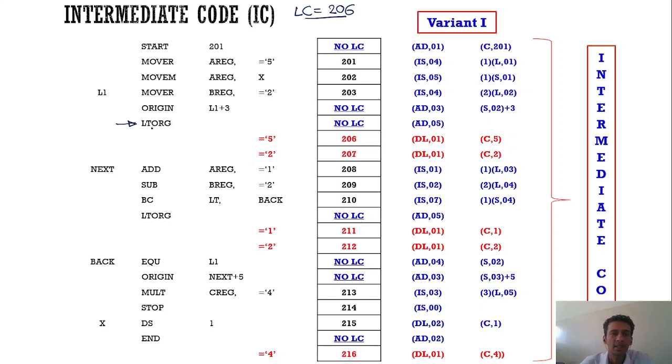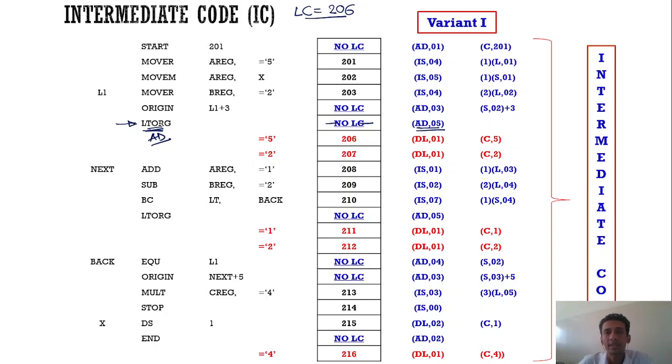Referring to the machine opcode table, we will get to know again it is an assembler directive. For an assembler directive, no LC processing, and we will just capture LTORG and write it as AD comma 05. Referring to the machine opcode table, we will find this is the fifth assembler directive in that table. Now what exactly will this LTORG do?